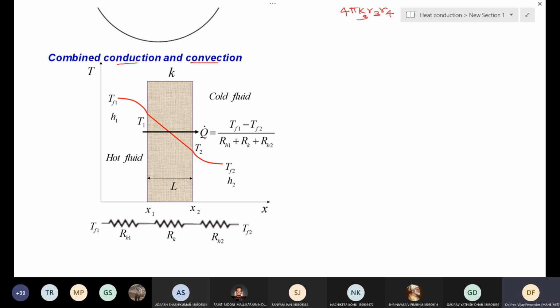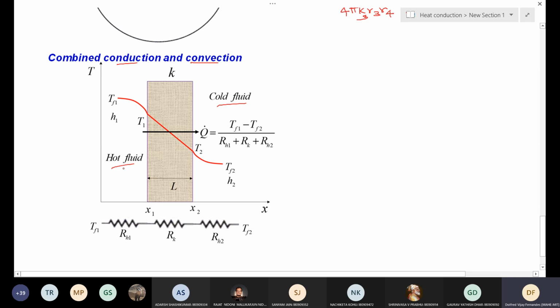Maybe we can use some electrical heater, or generally, if you take up heat exchanger problems or any practical problems, there is a hot fluid, and there is a wall that separates the hot fluid from the cold fluid. From the hot fluid, heat will be transferred to the wall, and through the wall it will be conducted, and from the wall again the heat will be convected to the cold fluid.